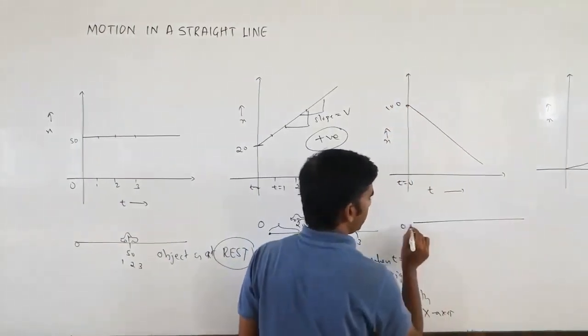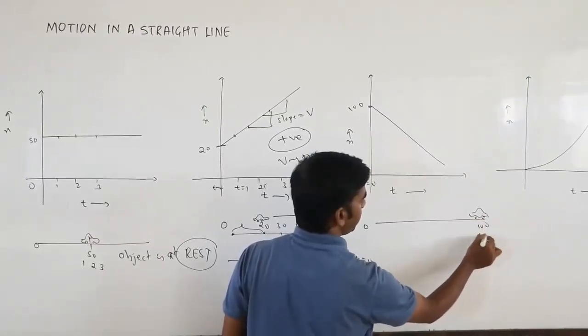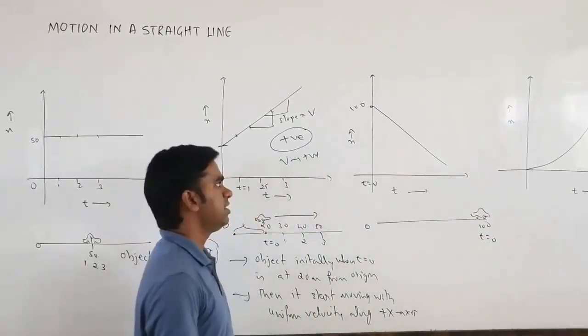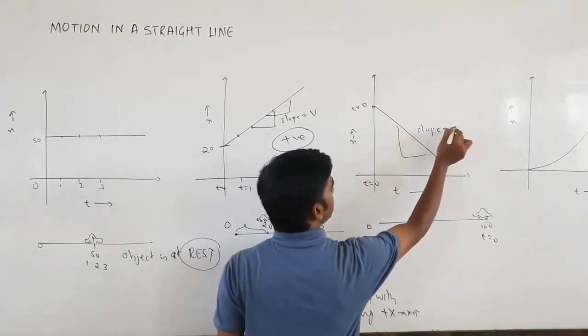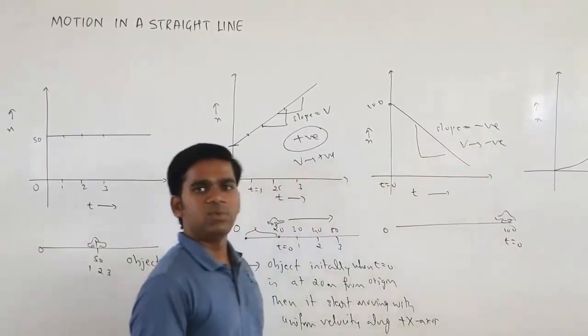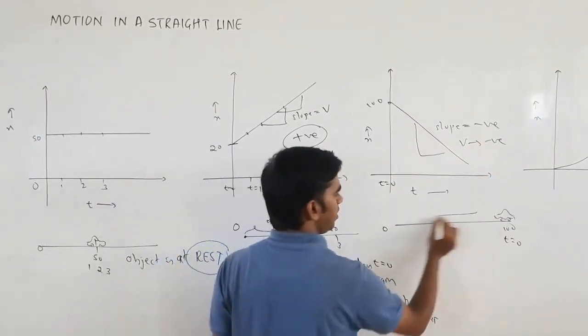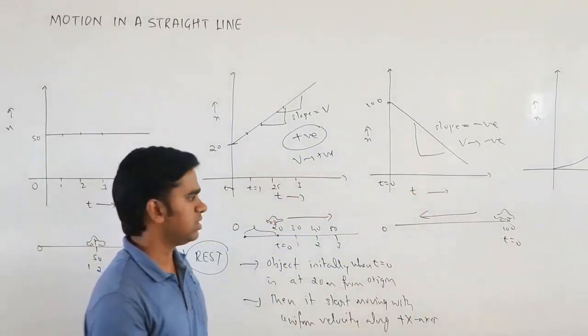Next, here when t equals 0, the object is already at 100. So this is the origin, and the object is here at 100 when t equals 0. After that, when you calculate the slope, it comes out negative. Means the velocity is negative. Velocity negative means it is moving in this direction, along the negative x axis, towards the origin.